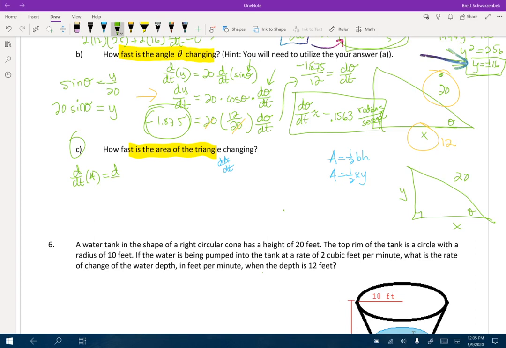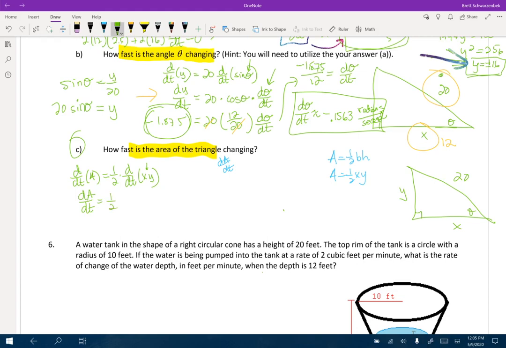Actually, here we have a constant of 1/2, so let's bring that in at the beginning, and take the derivative of xy. If you look at this, we have the derivative of a product, which means we're going to need the product rule, so dA dt is equal to 1/2.